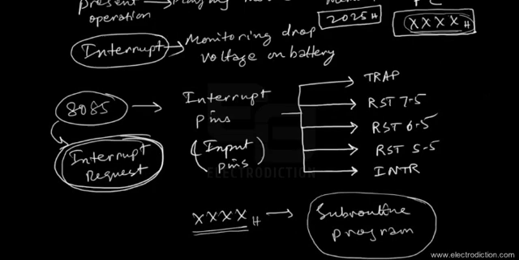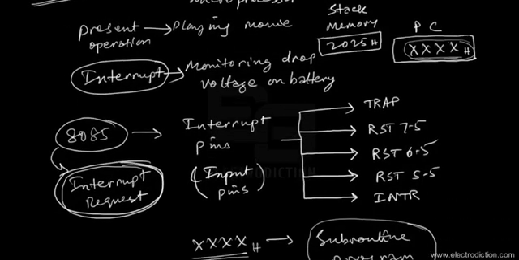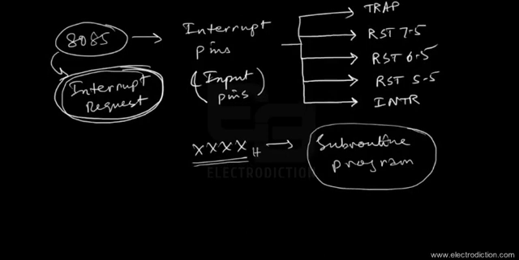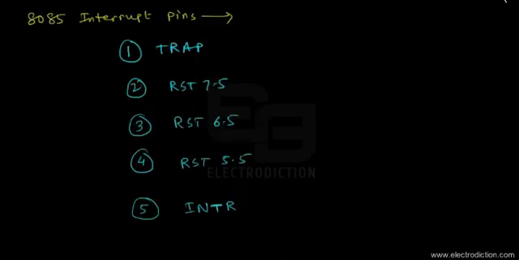Now that we have an idea of what this interrupt is all about, let's take a description of each of these interrupt pins. We've just listed the interrupt pins for the 8085, and we can divide this entire set of interrupt pins into certain categories.